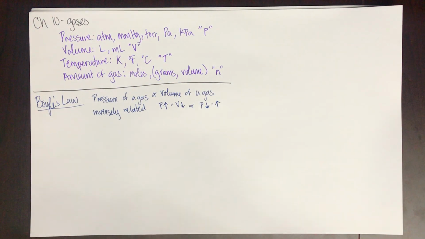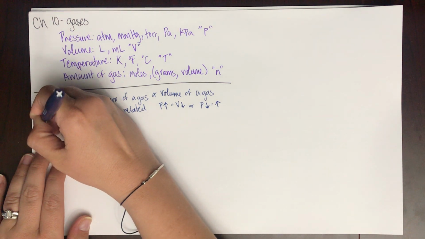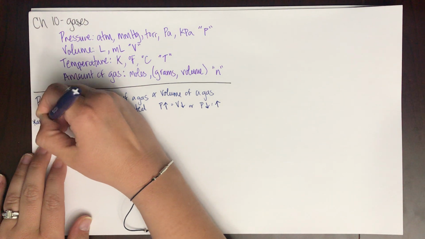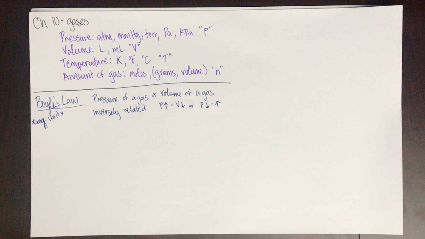Anytime you can relate what we're talking about with a real life example, that's always helpful. So let's look at an example. For Boyle's Law, we can use any unit of pressure, any unit of volume.